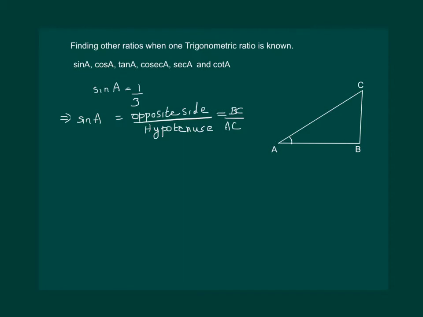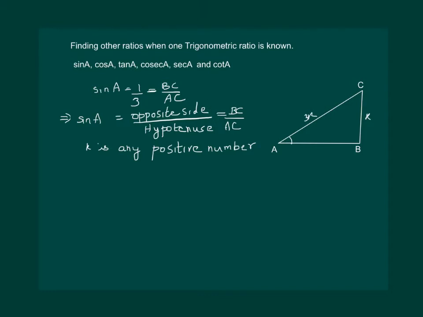This implies that we are given the ratio BC by AC equal to 1 by 3. So, if BC is k, then AC will be 3 times k. Note that k is any positive number.